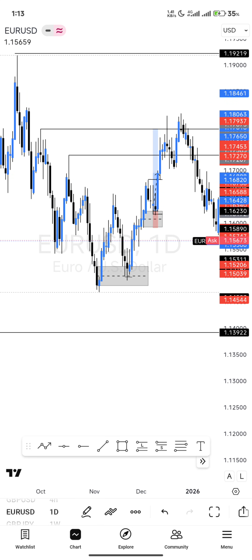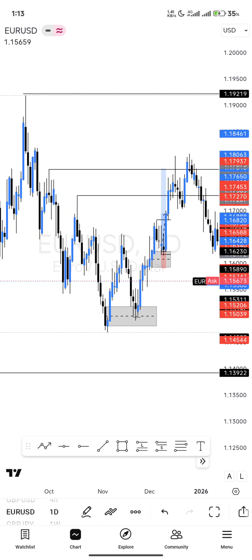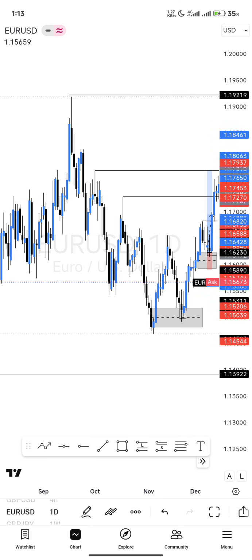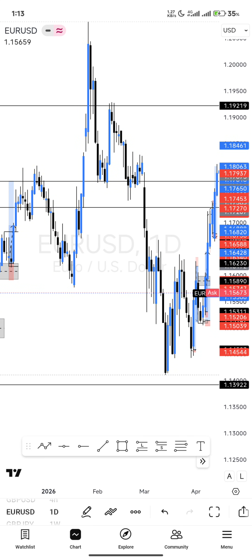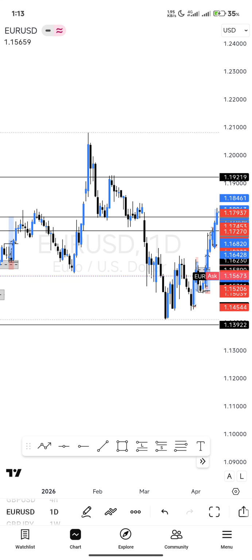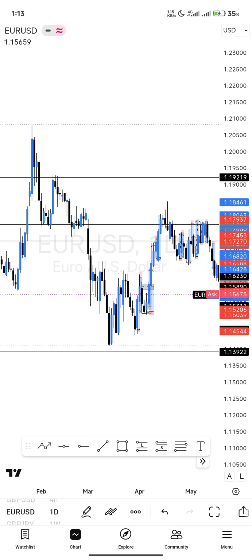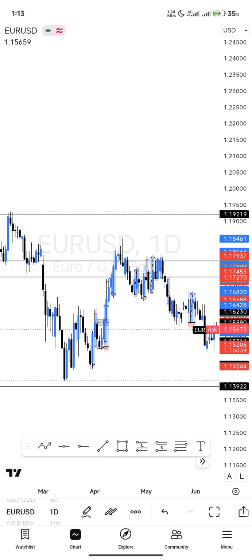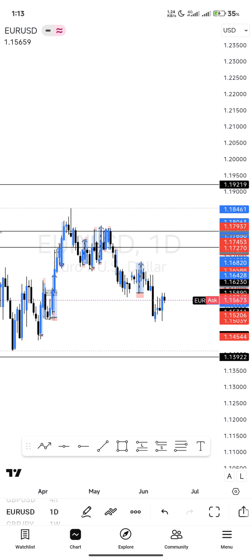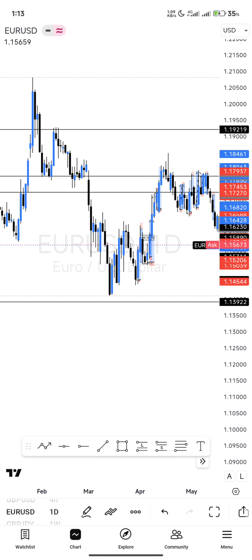I hope you can see that. So the market reacts from it. Let's see if I can find another example. Alright, so this is the daily time frame.